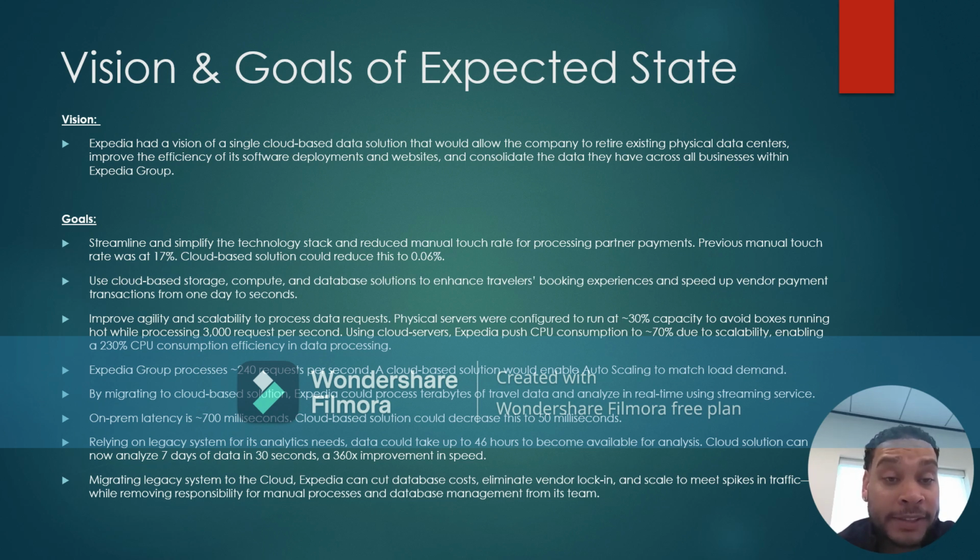And then the cloud-based solution would also allow them to process all of the terabytes of travel data that they had, and analyze these things in real time using the streaming services that the cloud-based solution provides. The on-prem latency was approximately 700 milliseconds, while the cloud-based solution could decrease this to about 50 milliseconds. So they were hoping to decrease latency significantly.